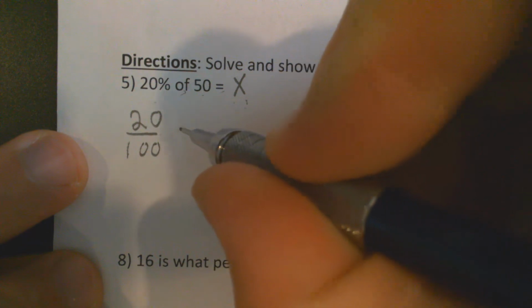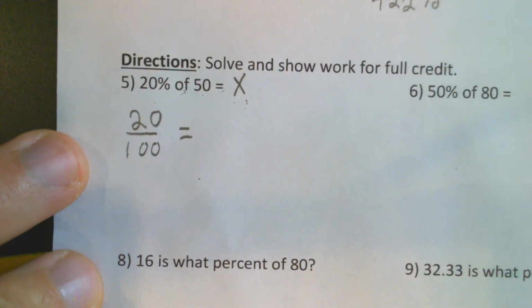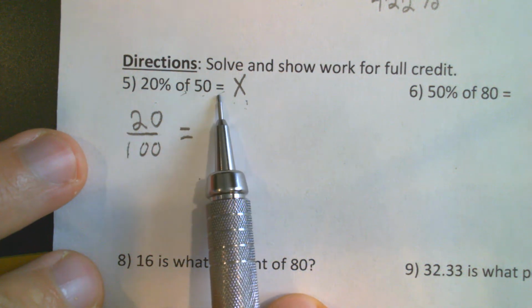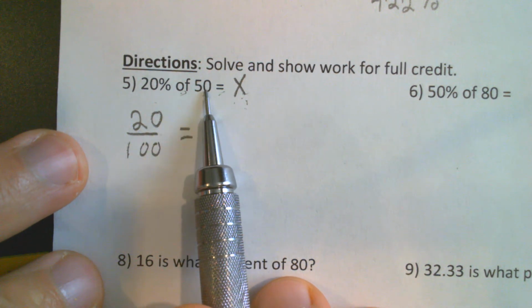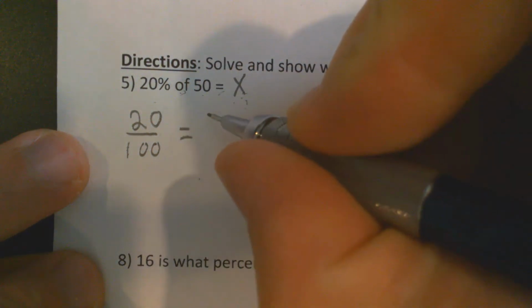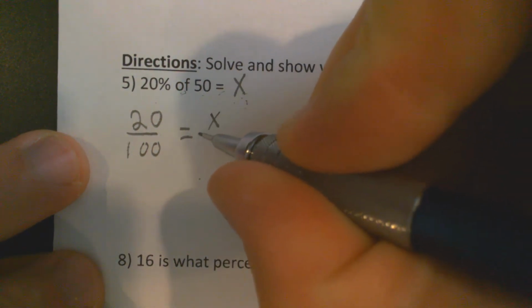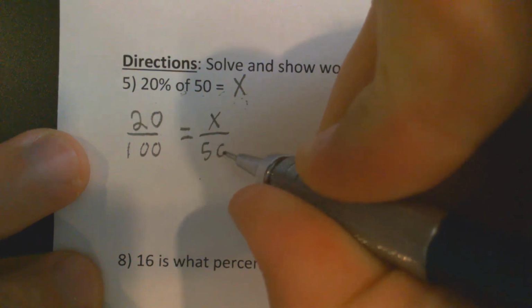So it'll be 20 over 100. I'm going to do is over of. My is the x. Of is the 50. So is divided by of, x over 50.